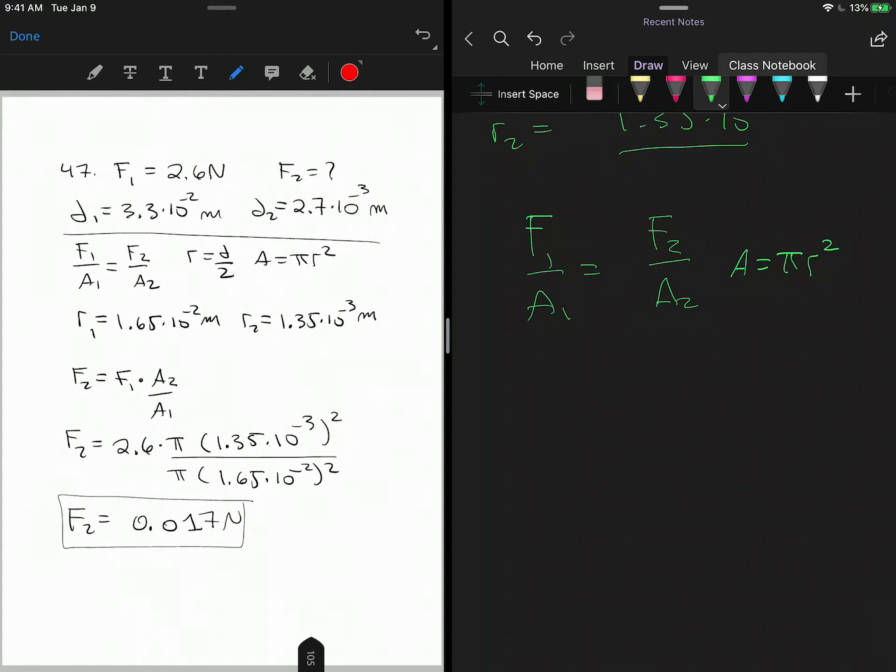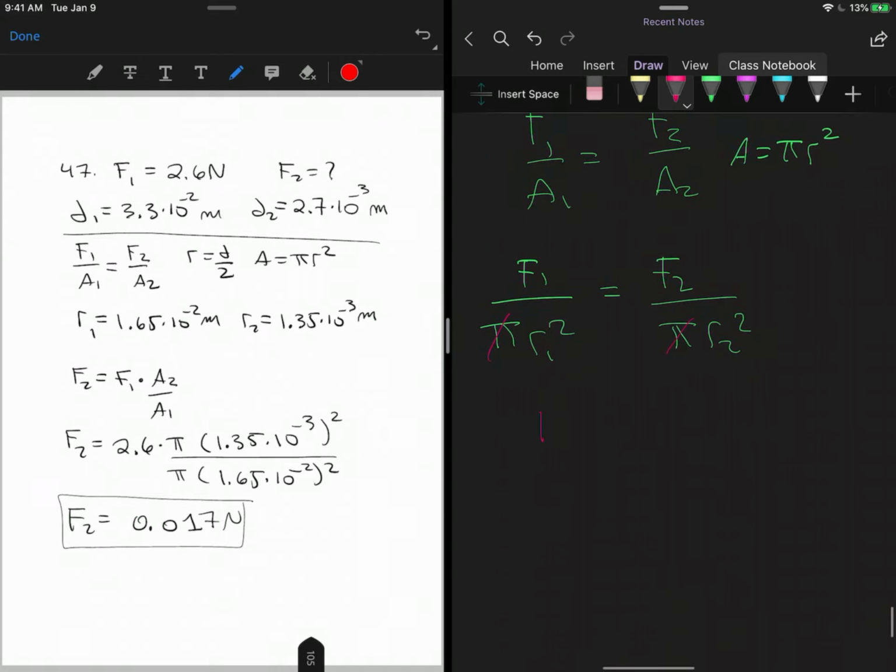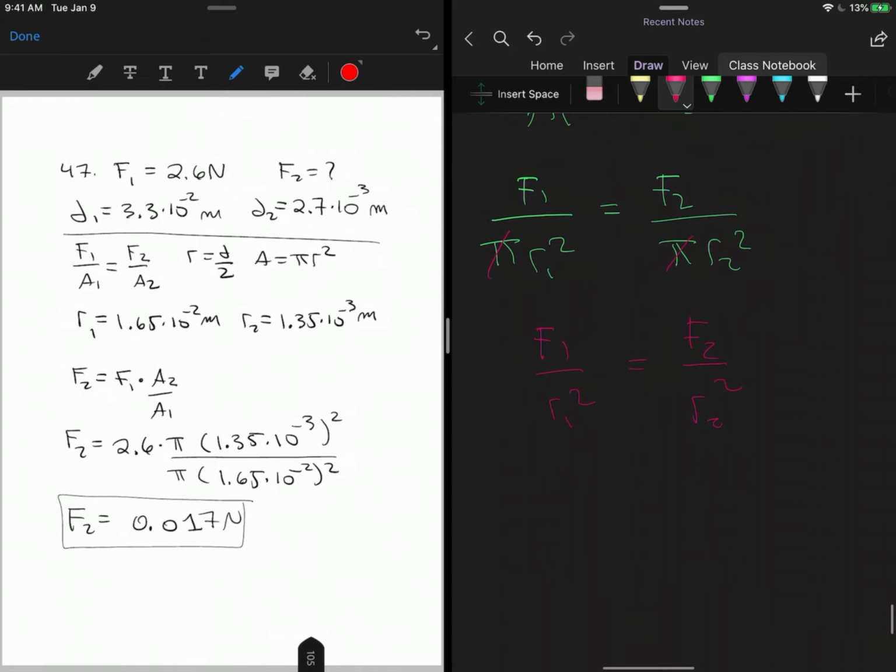So the equation is going to become force 1 over pi times radius 1 squared equals force 2 divided by pi times radius 2 squared. We can simplify this. There's a pi on both sides, so let's cancel that. And you get that force 1 over radius 1 squared equals force 2 over radius 2 squared.